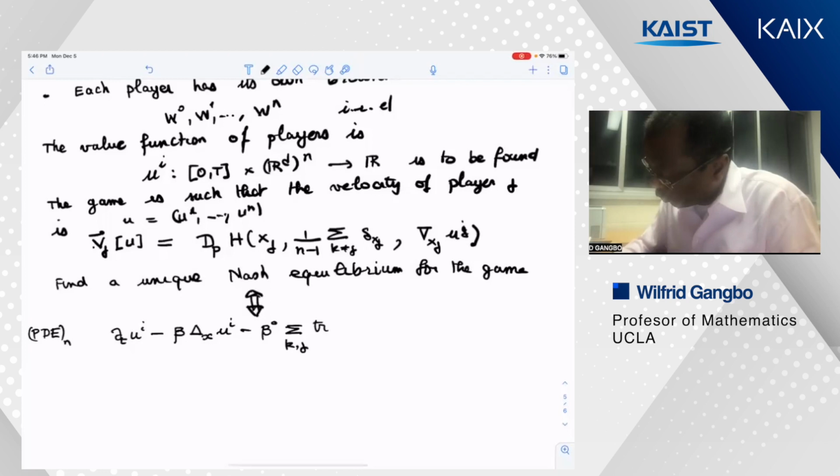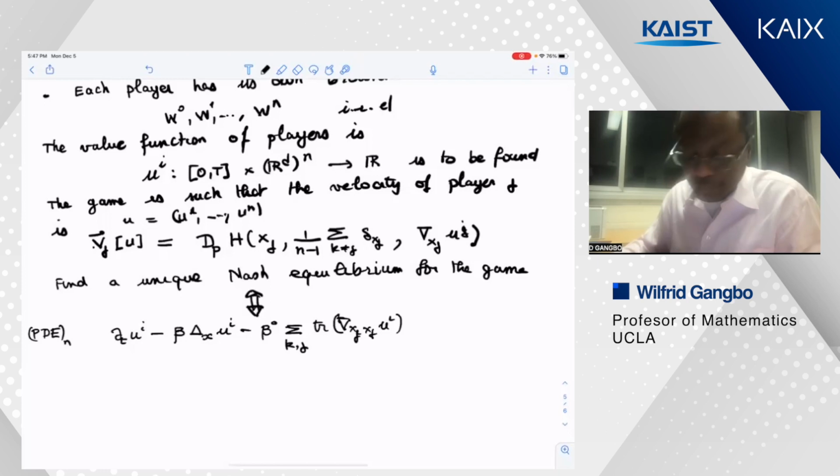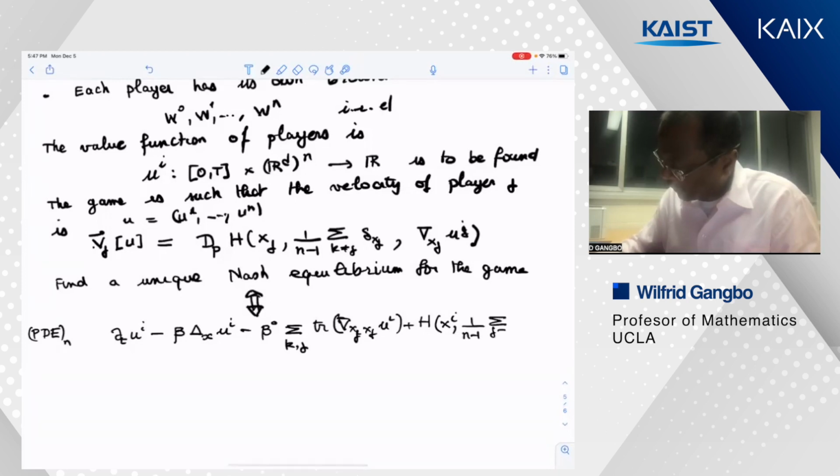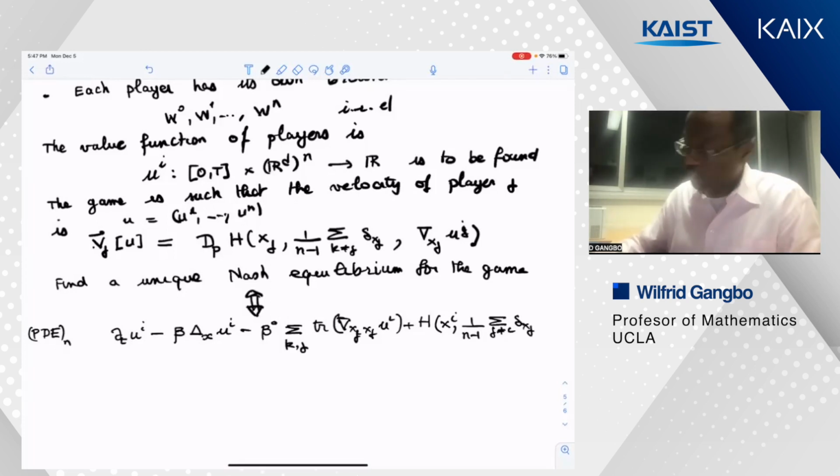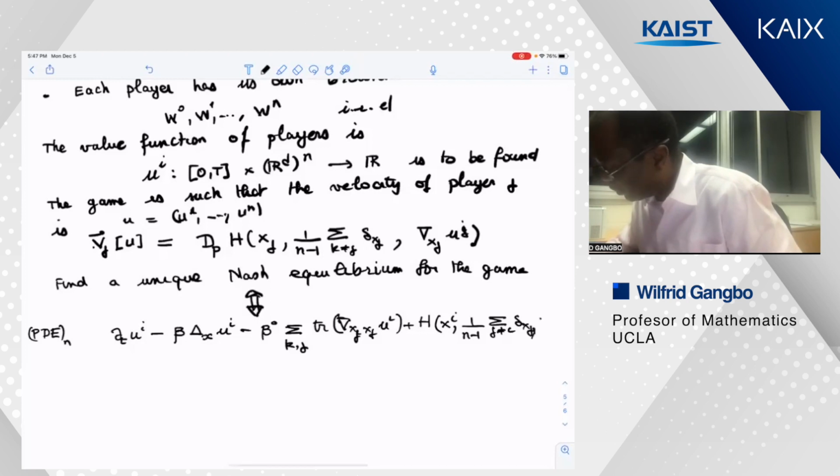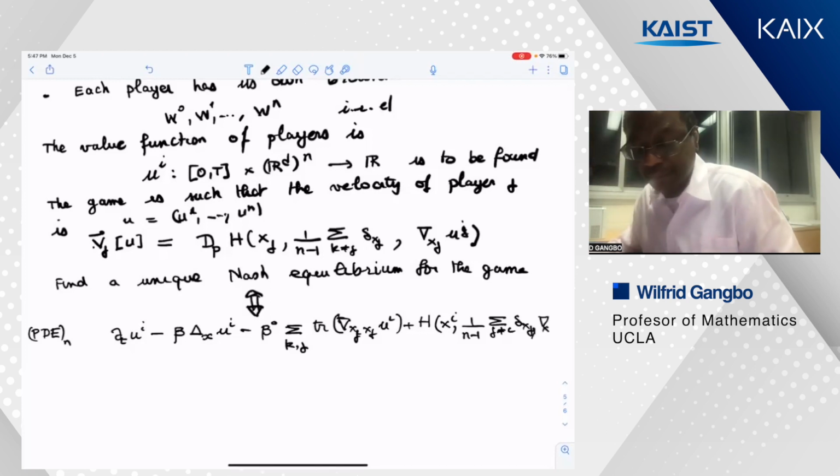So you will compute the trace of the Hessian with respect to s_j, s_k of u_i, plus H of s_i, 1 divided by n minus 1 the sum j is not i, delta s_j, and gradient s_j of u_i.